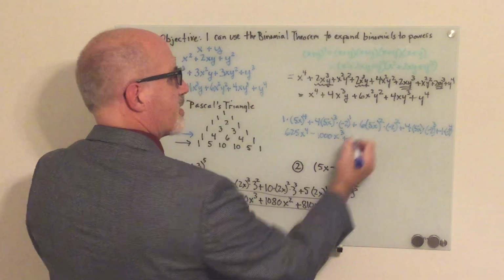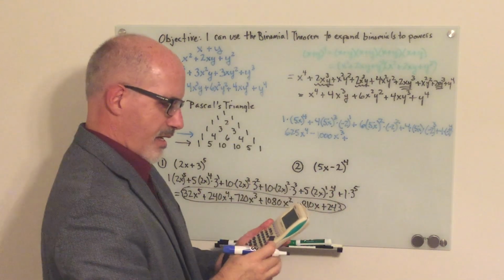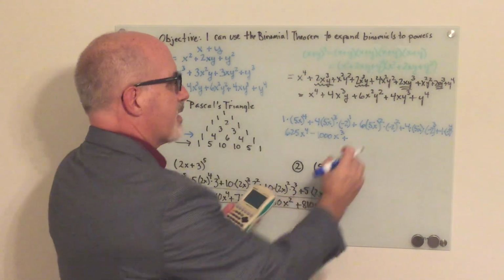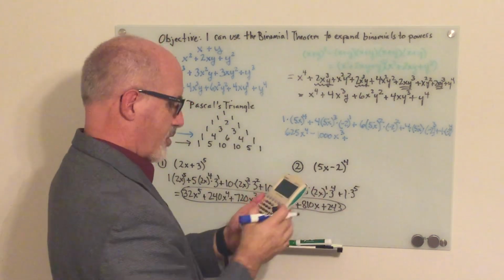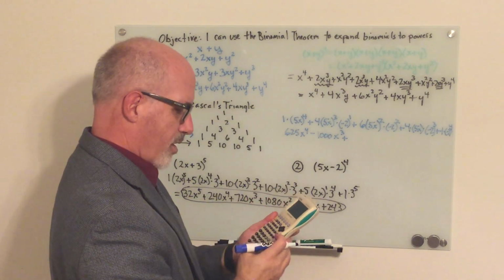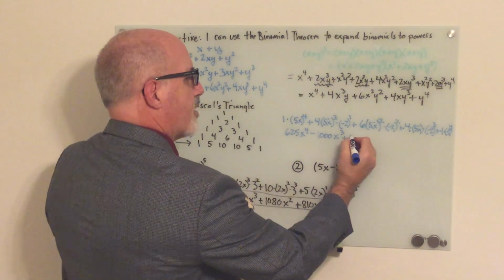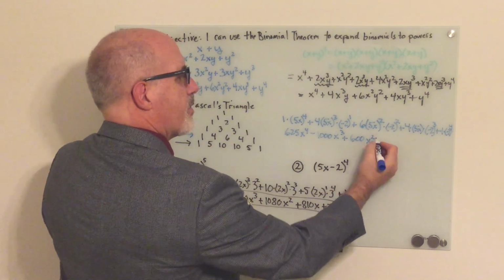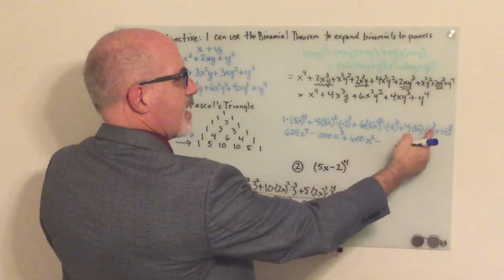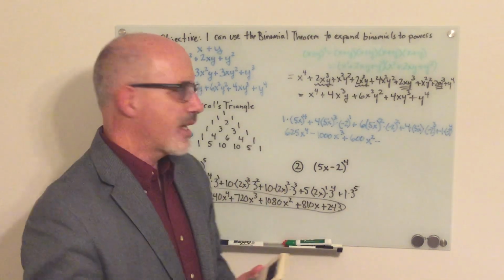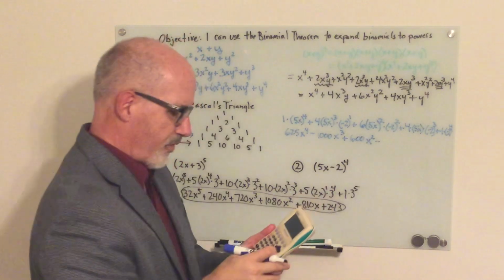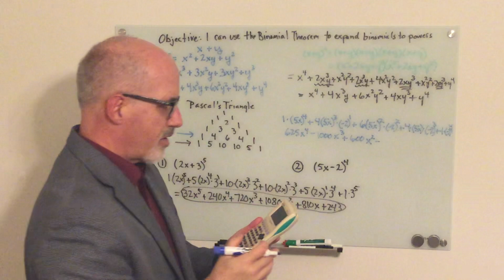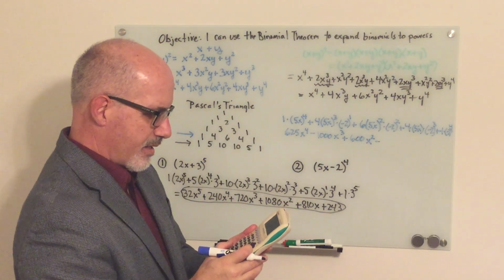And then plus, now this one's going to be 6 times 5 squared is 25. Times negative 2 to the squared is going to be a positive 4. That gives me 600 x squared. Then minus, because we have a negative cubed here, we'll end up having a negative. So 4 times 5 times my negative 2 to the 3rd will be negative 8.